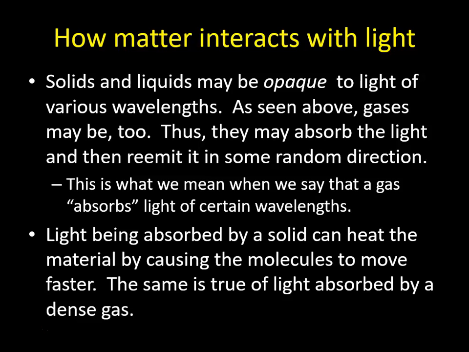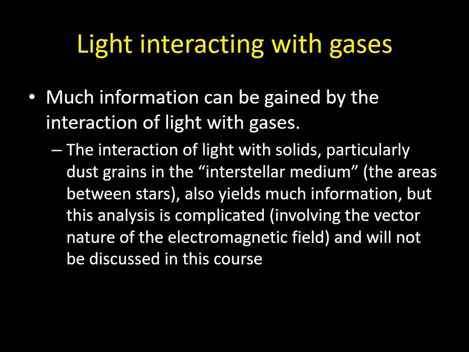Our atmosphere is thankfully opaque to gamma rays and X-rays. Light that's absorbed by a solid can heat the material, causing the molecules to move faster, and we'll have more to say about this later when we talk about blackbody radiation in the next video. The same is true of light that's absorbed by a dense gas.